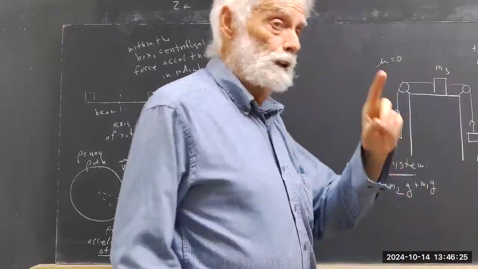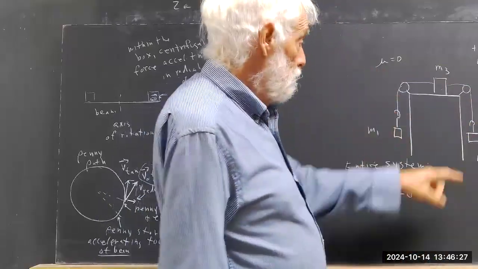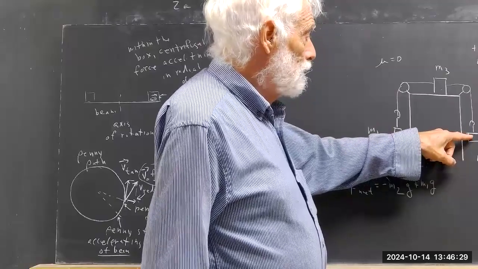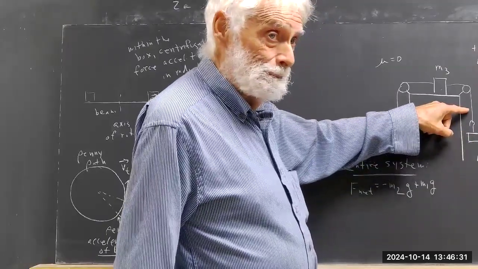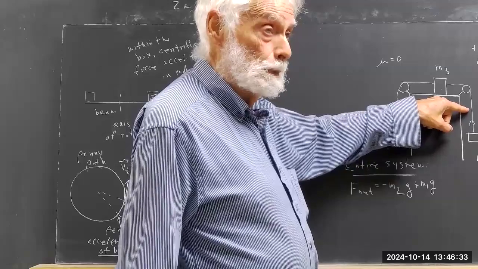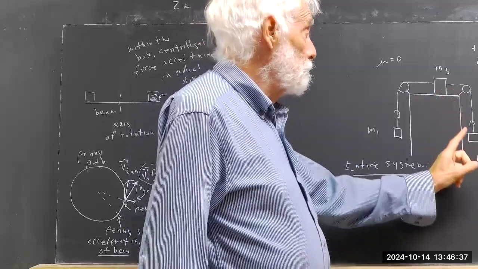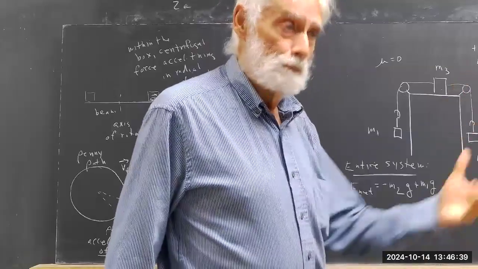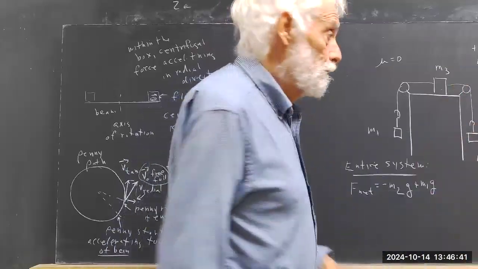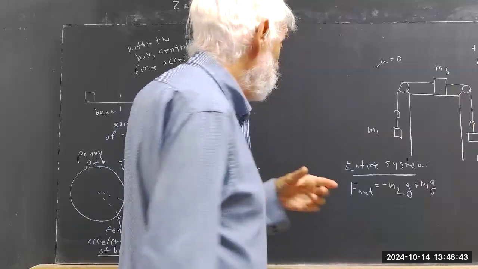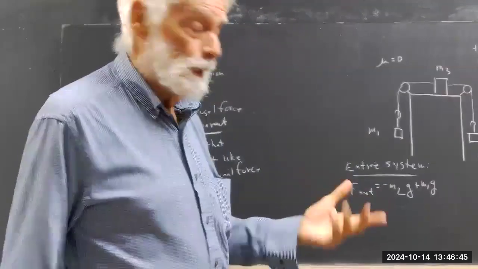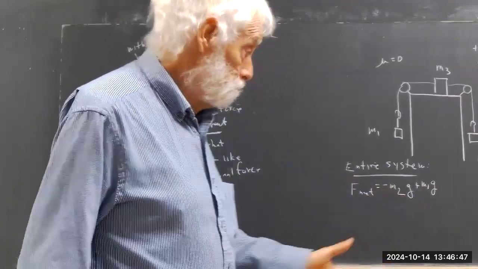You only need one number. If I tell you that this thing moves 10 centimeters this way, you know where it's going to be. If I tell you it's moving at 5 meters per second in this direction, you know what's happening with the positions. So this is very simple.